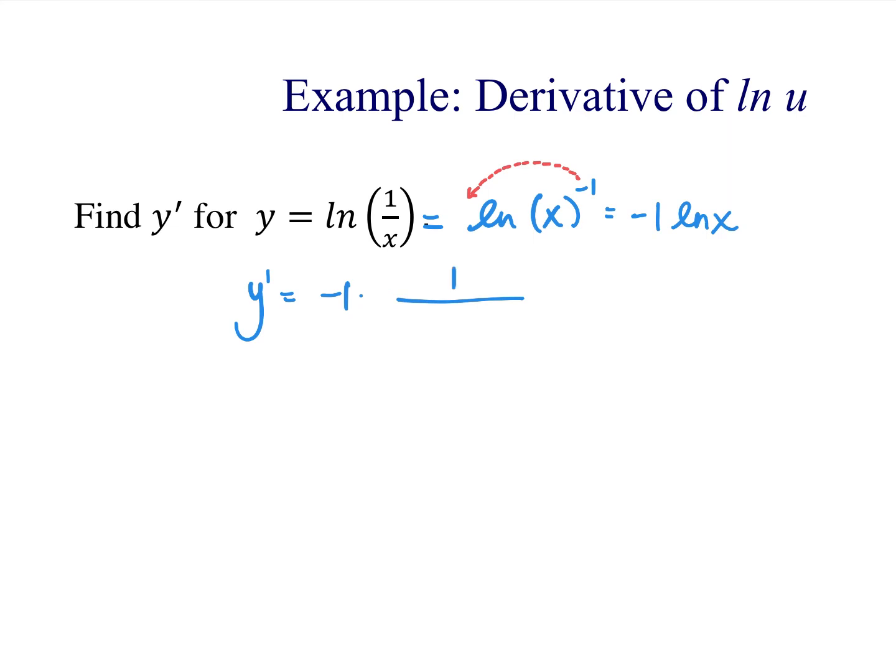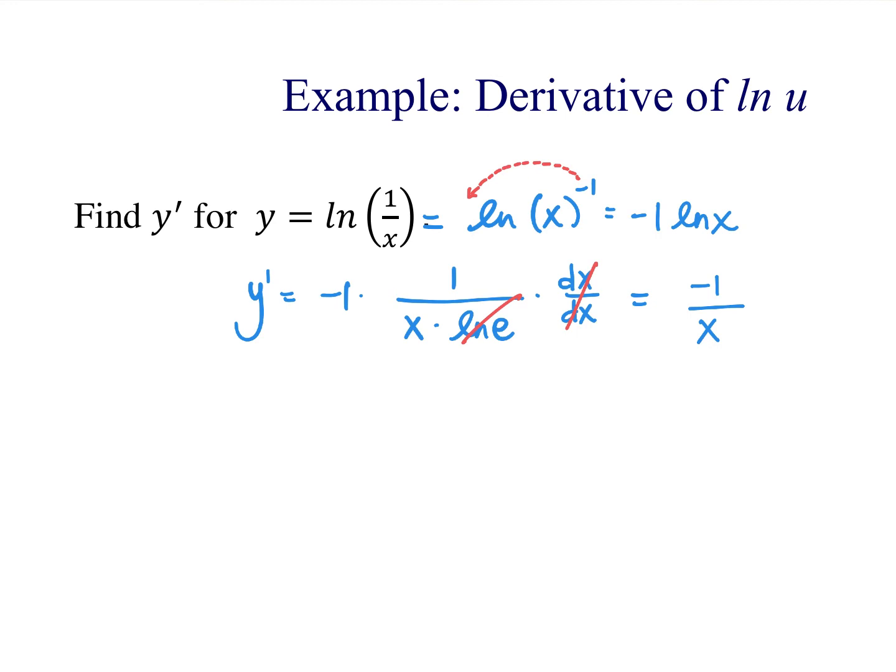So my numerator will be 1, part 1 will be the x, part 2 will be the natural log of e, and part 3 will be the dx part, which simplifies to 1. So a couple things can simplify to 1 here. This is 1, natural log of e is 1, and so y prime turns out to be a numerator of negative 1 and a denominator of x.